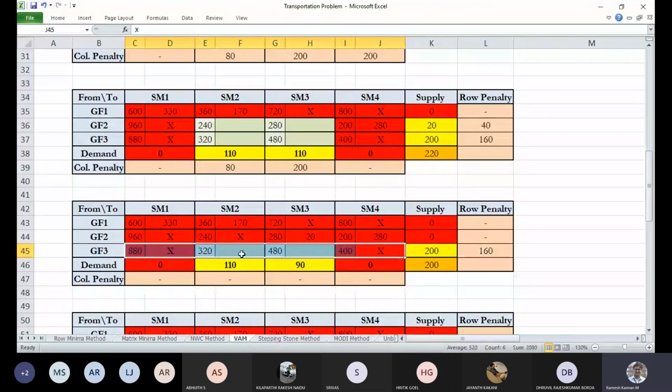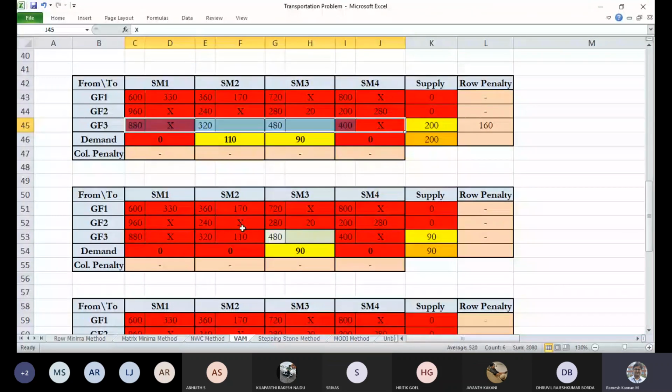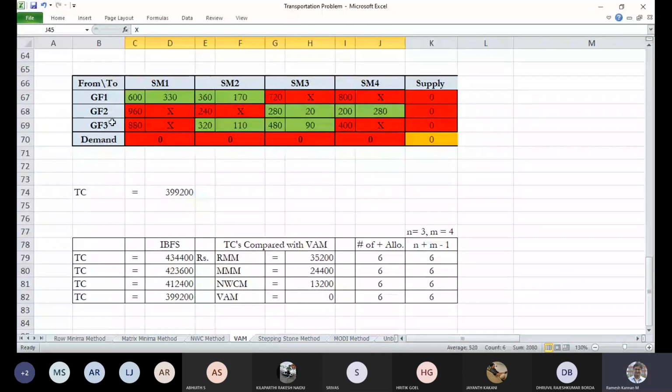If you note, the number of allocations matters the most. The number of positive allocations varies in position, as the cells may not be the same. For example, in the row minima the allocations are like this.